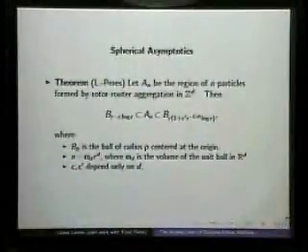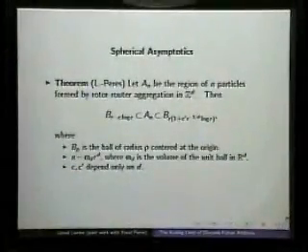If we choose r so that n is omega d r to the d, a ball of radius r has volume n. That's how big we expect the radius to be.